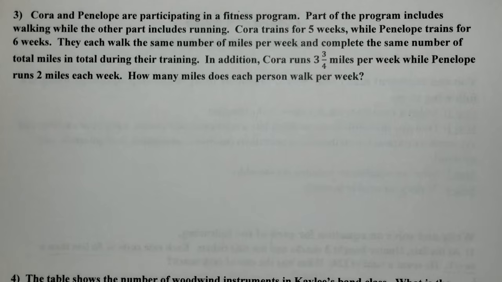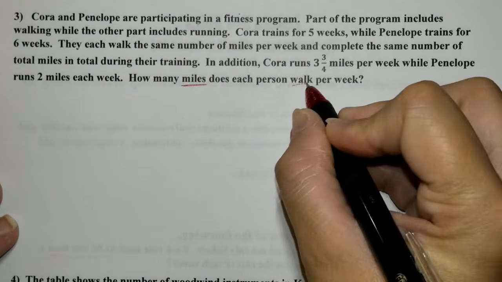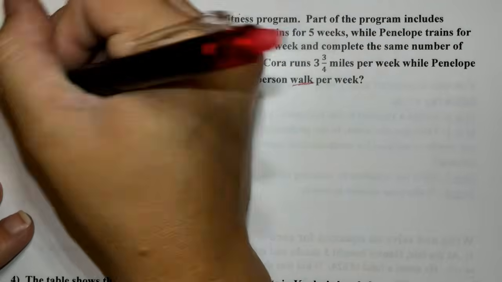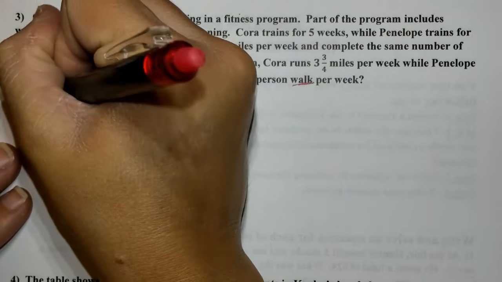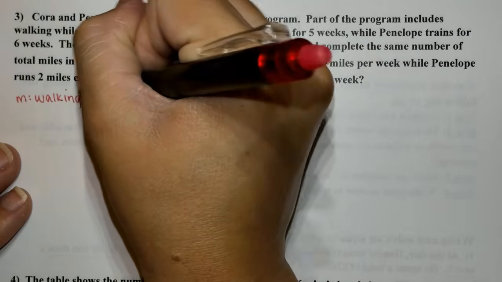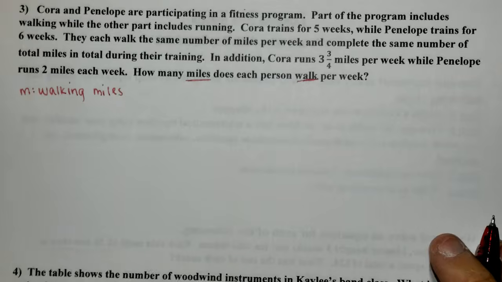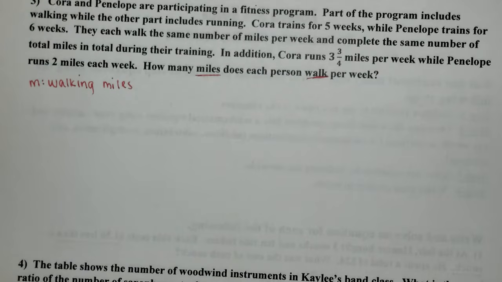All right, so we've got walking miles and running miles. So because the question is how many miles does each person walk, I'm going to use M to represent walking miles. Okay, and then I would break this down before I even try to set up the equation.